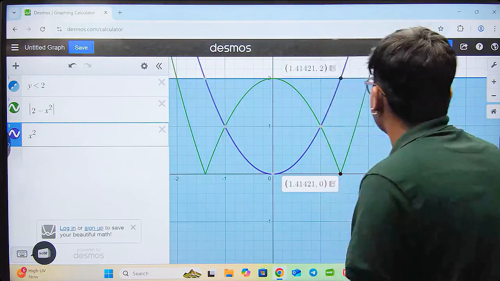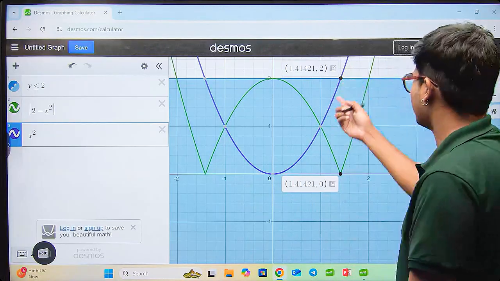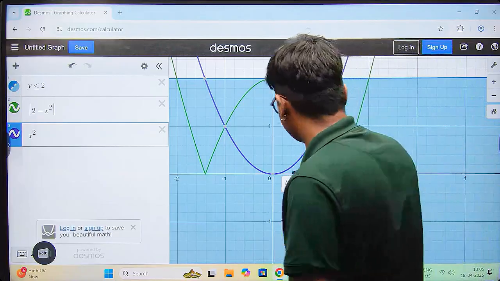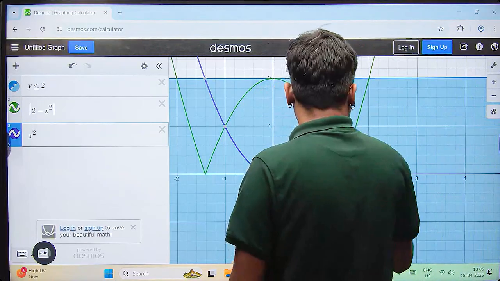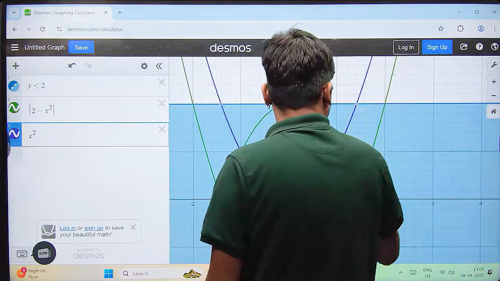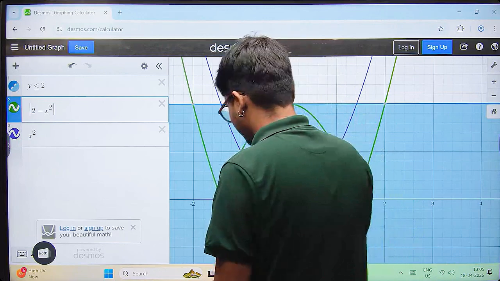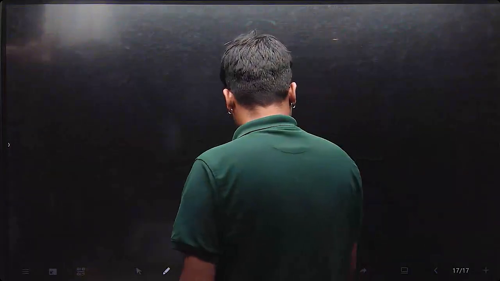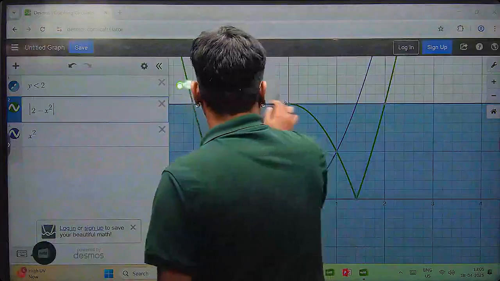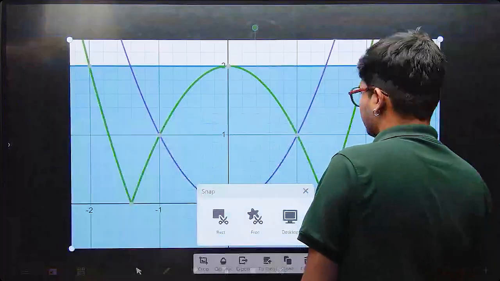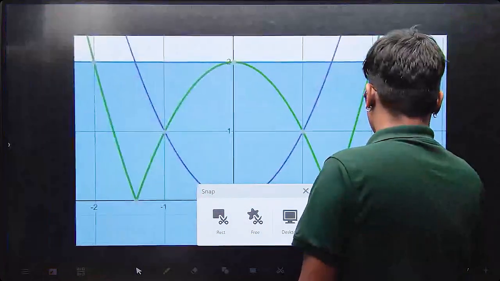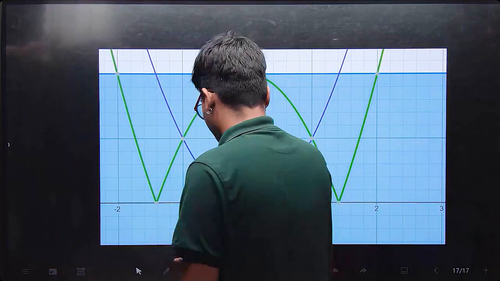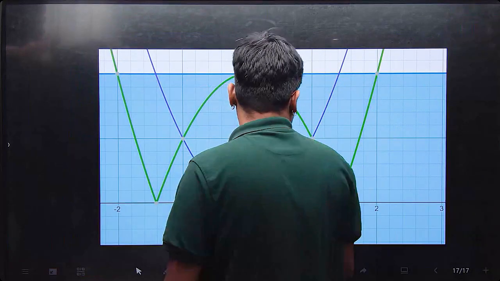Oh, this was x square, right? Oh, my bad. This was x square, not x square minus 2. Anyways, I took the wrong point. But if I just take this, I need these 2 points. This point actually lies on the straight line, okay? So this would become something like this. Oops. 1 second, it froze.